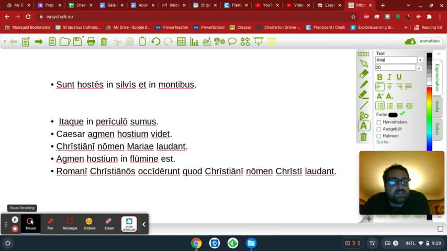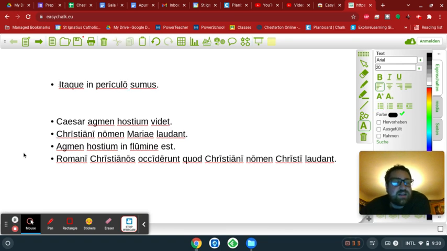So sunt hostes, there are enemies, because think hostile. There are hostile people or enemies. Sunt hostes in siluis. So in takes the ablative. This is an ablative plural, siluis. So in the forests, et in montibus. And this is another ablative plural. It's just an ablative plural of the third declension. This is an ablative plural of the first declension. So there are enemies in the forests and in the mountains.